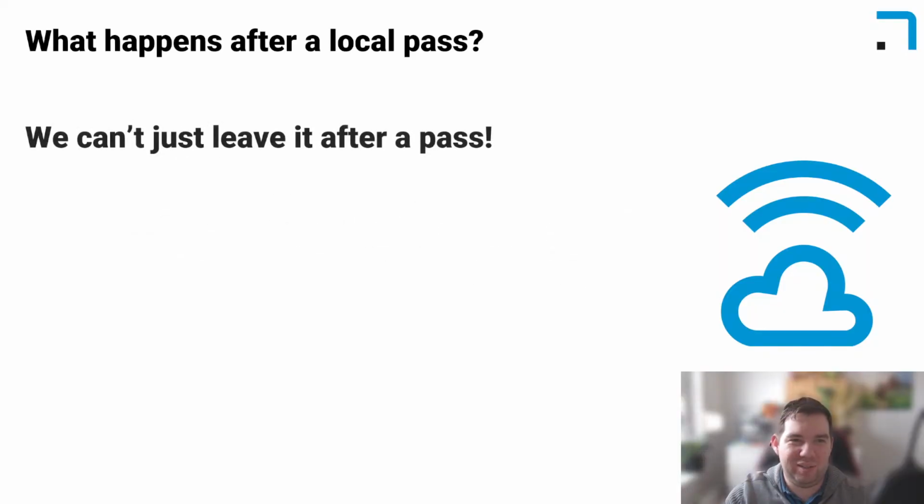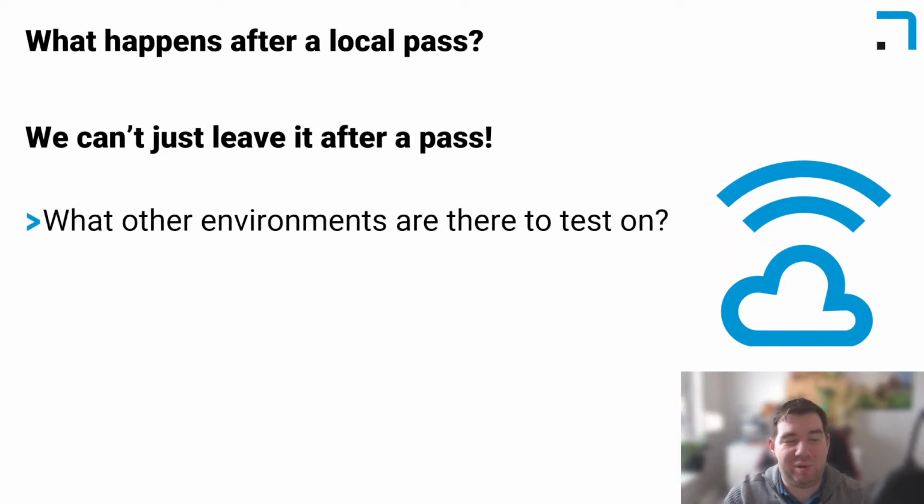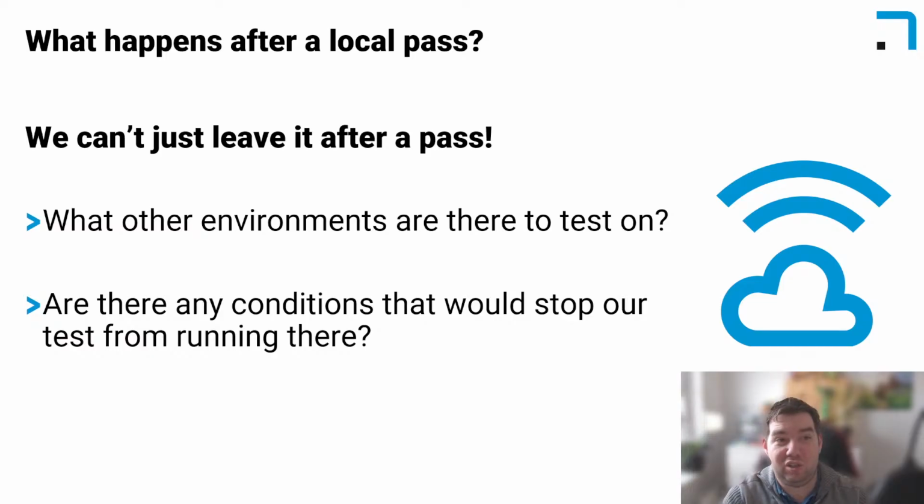Because we can't just leave it at a pass. We need to think about what other environments there are that we need to test on, if relevant. We also need to look at any conditions that would potentially stop our test from running there. Maybe you have several environments in your CI/CD pipeline, but maybe you can't run your tests in all of these.